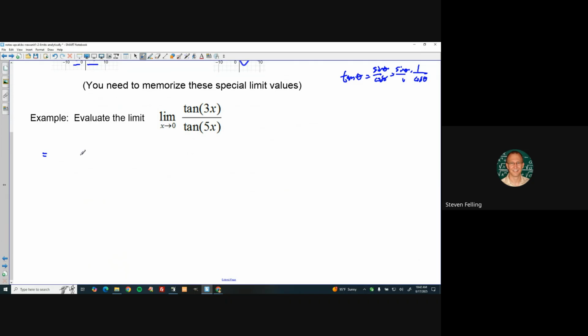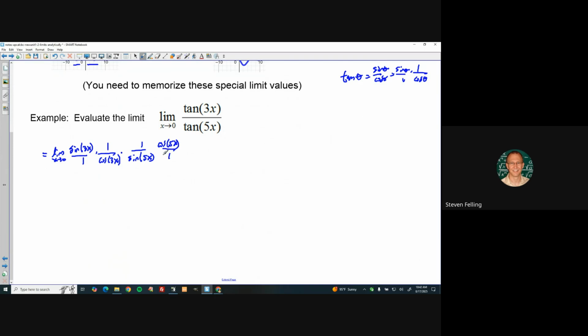So this limit is equal to the limit as x approaches 0 of tangent of 3x, which I'm going to write as sine of 3x over 1 times 1 over cosine of 3x. And then it's tangent of 5x. So that's sine over cosine, but the sine is on the bottom. So that's going to be times sine of 5x under 1 and cosine of 5x over 1.